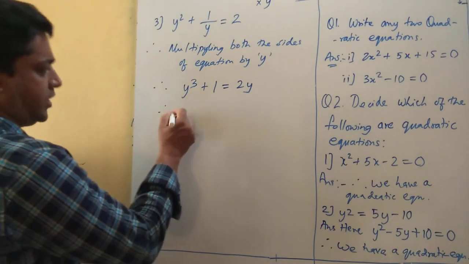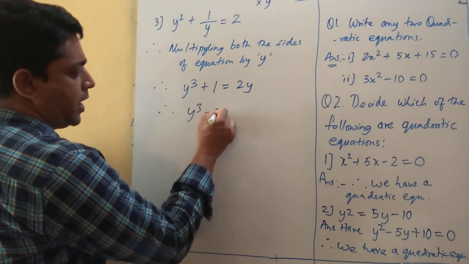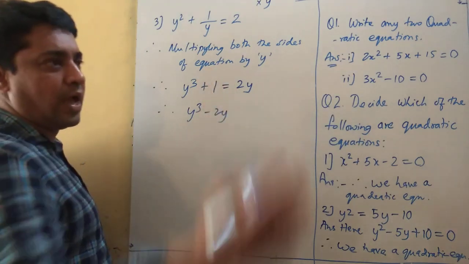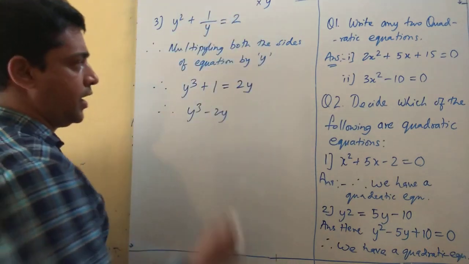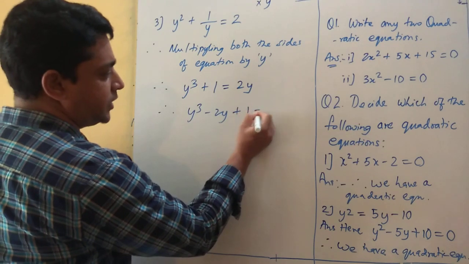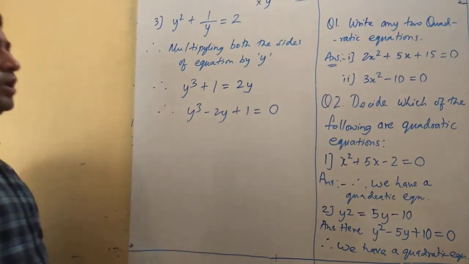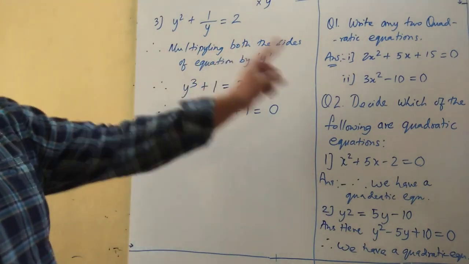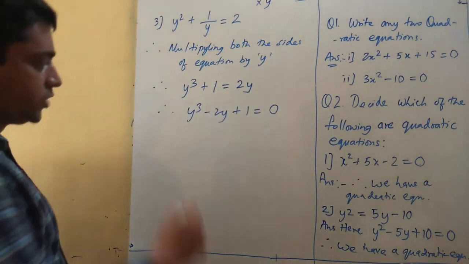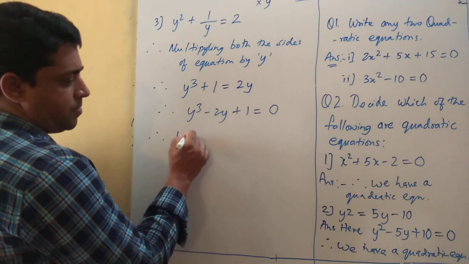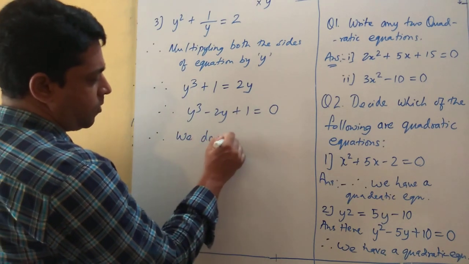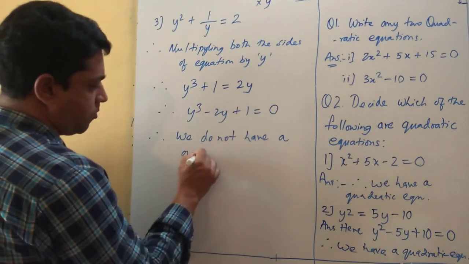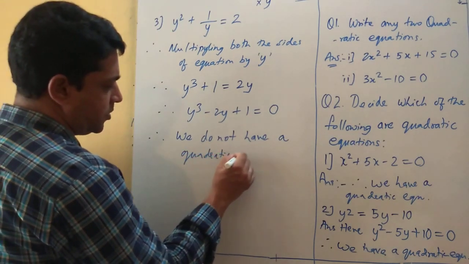If I rearrange it, y cube minus 2y plus 1 is equal to 0. This is the standard form. This is the actual equation which is formed when I write it in the linear form. So therefore we do not have a quadratic equation.